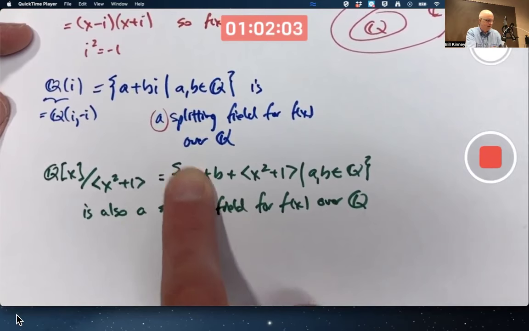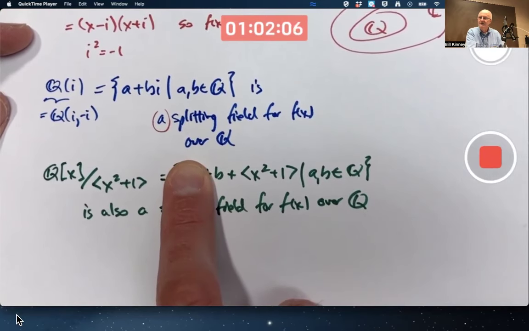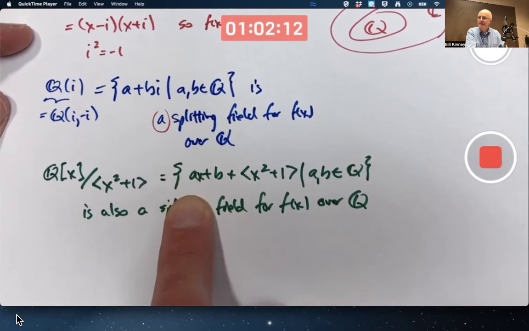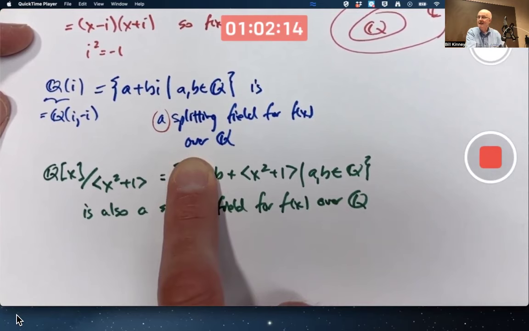Take constant polynomial representatives, B plus the ideal, where B is rational and the A is taken to be 0. That's a subfield of this isomorphic to the rationals. Same themes keep coming up over and over again today in slightly different contexts.